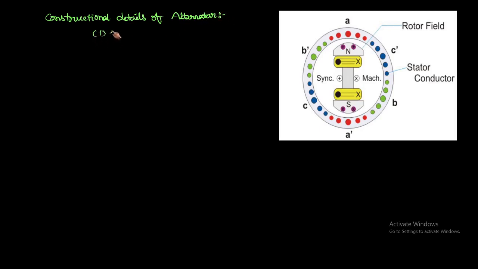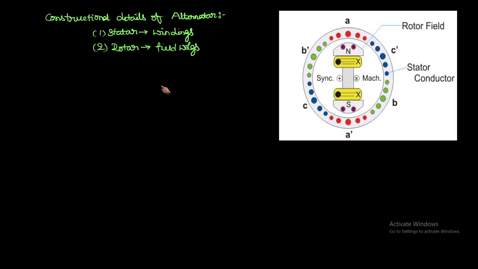One is the stator, which carries the winding, that is the conductors. The second one is the rotor. The rotor carries the field winding. These are the two main parts in any type of alternator.